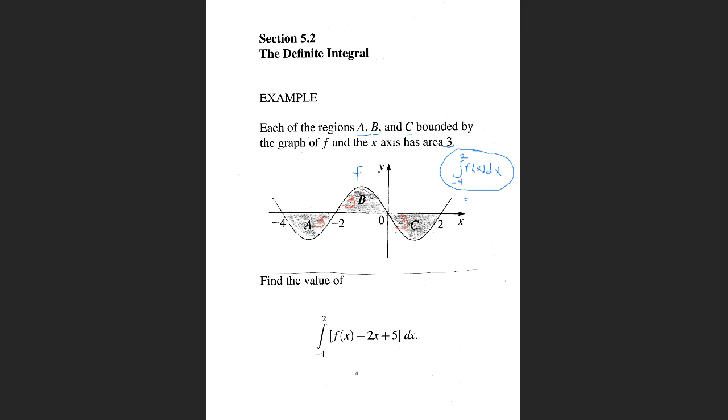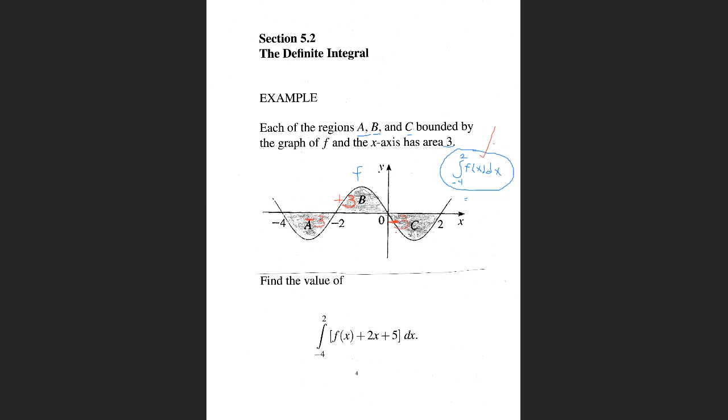Ian and Kelvin are saying that these two here, the areas that fall under the x-axis, need to be negative. So I'm going to have a -3 for area A, a -3 for area C, and then a +3 area for B. How am I going to find this definite integral?